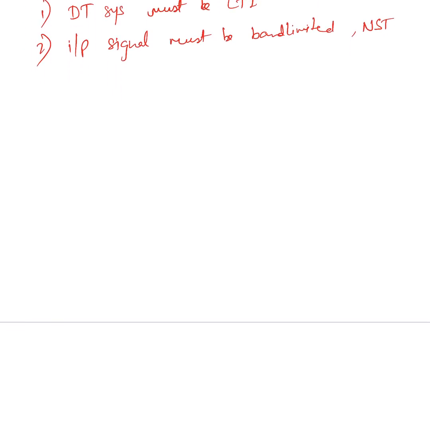Okay, we can quickly see one example. This example says that we have an ideal continuous time band limited differentiator, and we want the discrete time implementation of that ideal continuous time band limited differentiator.